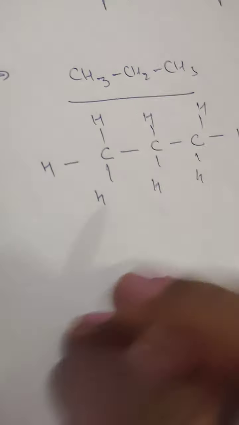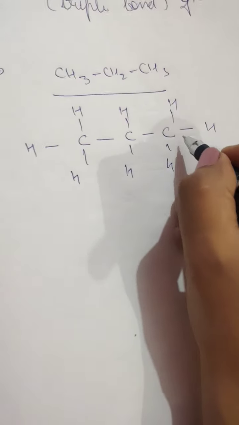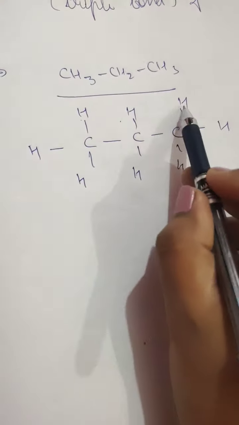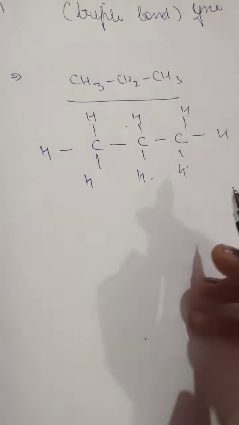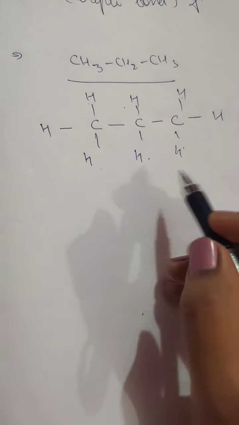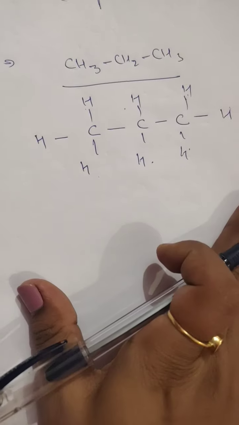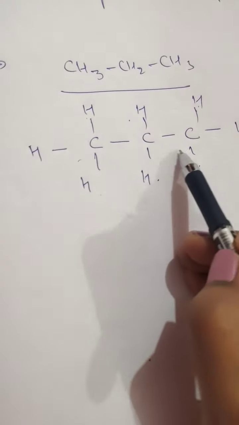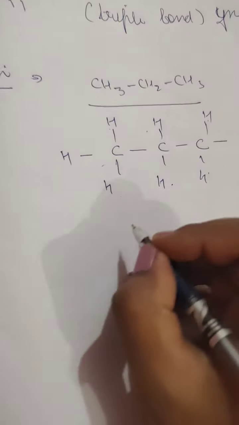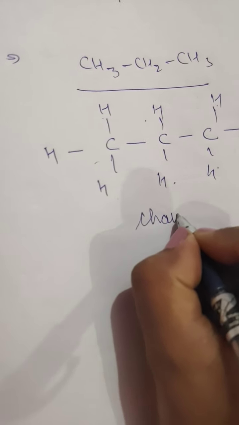This has 1, 2, 3 carbon atoms, and how many hydrogens are there? 1, 2, 3, 4, 5, 6, 7, 8. So 8 hydrogens here. This is called propane because there is no double bond. So this is an example of a chain hydrocarbon.